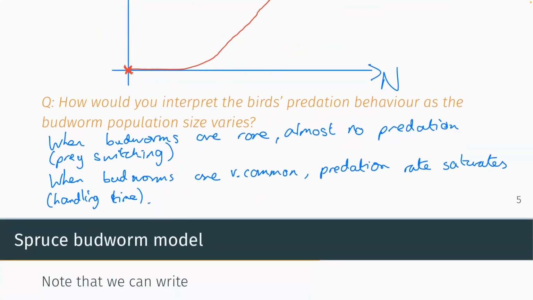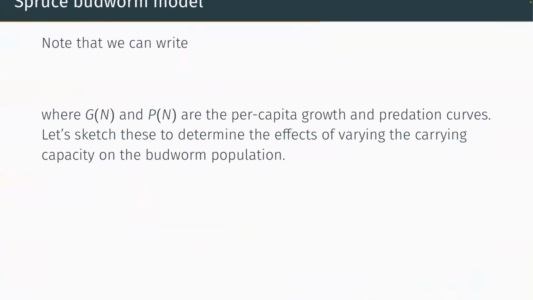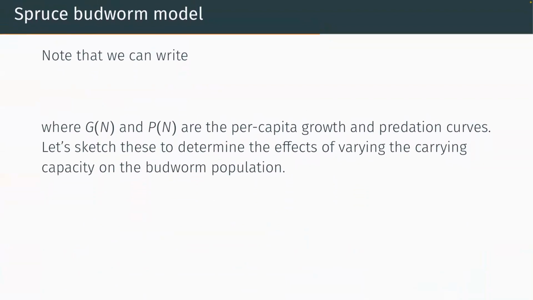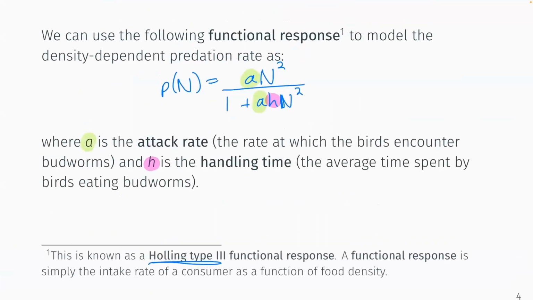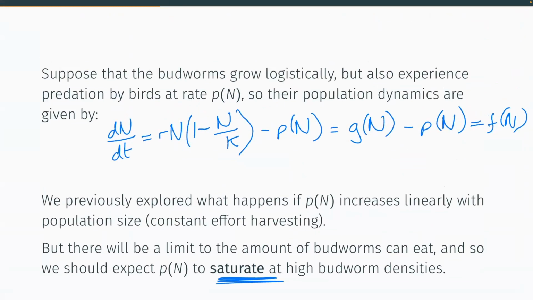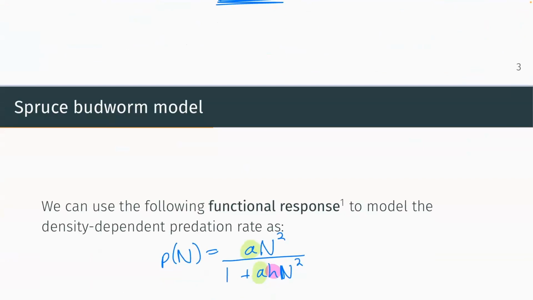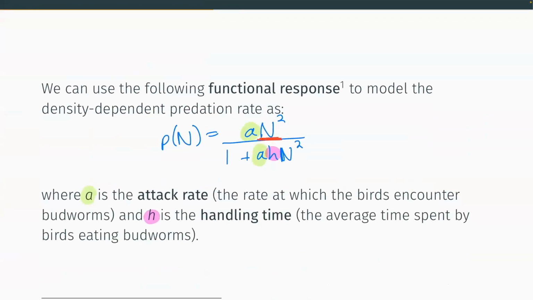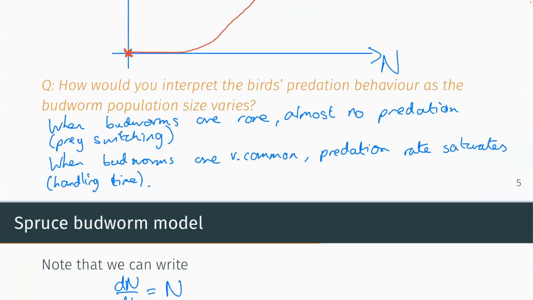Okay, let's do a little bit of analysis on this model then. Remember we had our dN/dt. I'm actually going to write this in a slightly different format now. If I go all the way back up to where I originally defined it, we have an n on the outside here, and then in my predation term, I have an n squared on the top. So I can take out a factor of n from both of these.